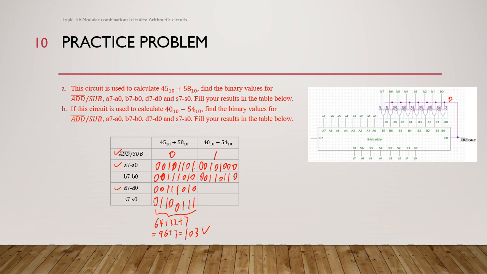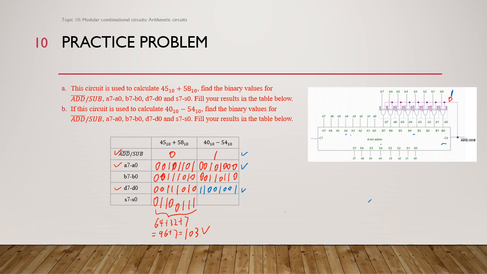Now, because this time this line has 1 here, we know D should be the opposite, or 1's complement, of B. So D should be 1, 1, 0, 0, 1, 0, 0, 1. Now we need to again add these 3 together, because that's what the 4-bit adder does. It adds this to that and that together.